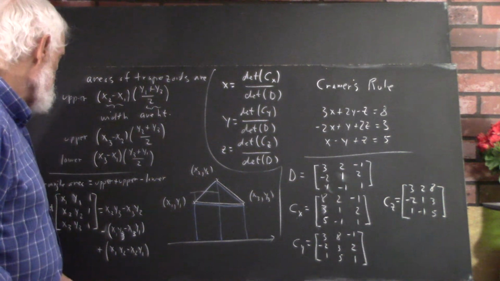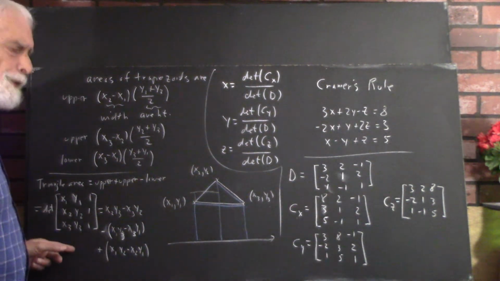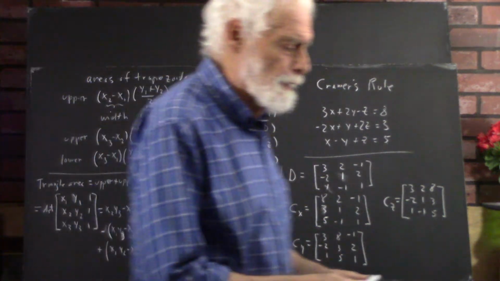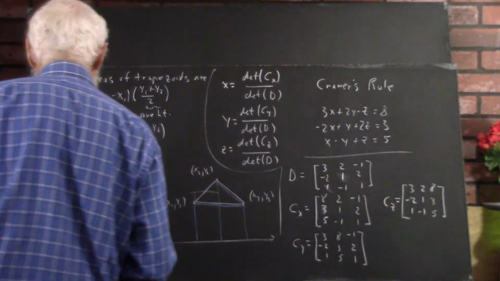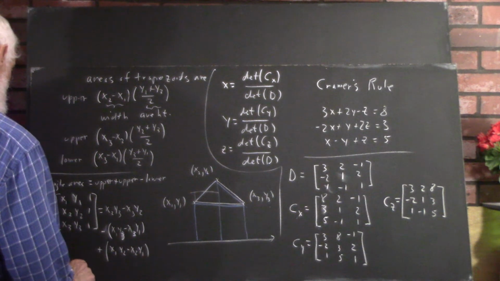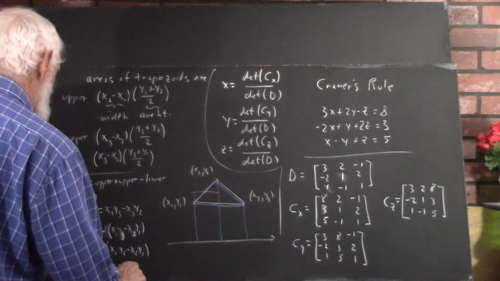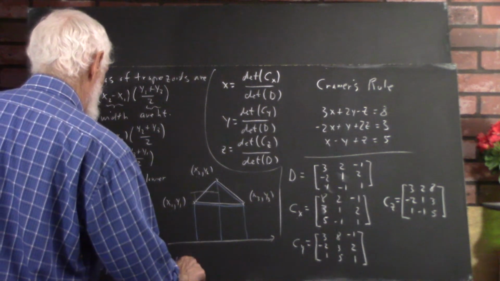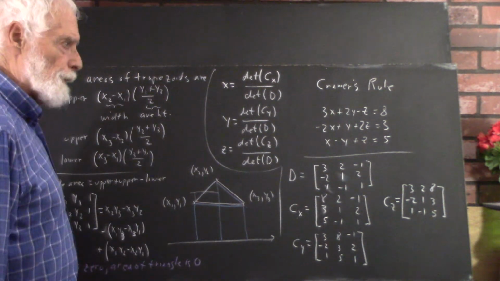Okay? Now, what happens if this determinant happens to be 0? Now, I don't want to belabor this too much. If the determinant is 0, the area of the triangle is 0.